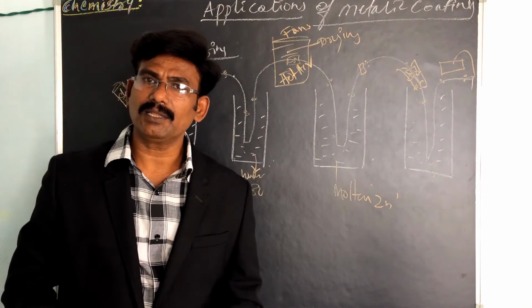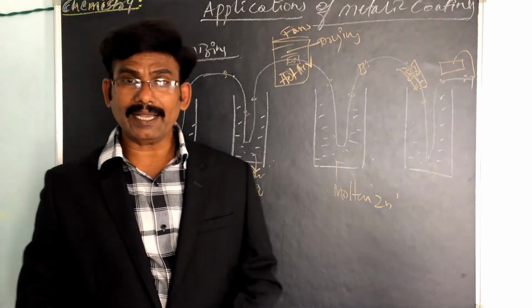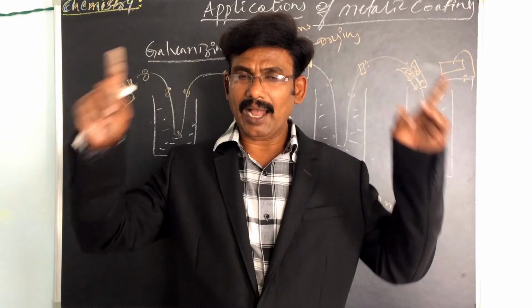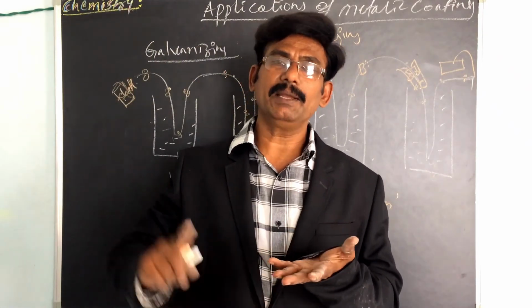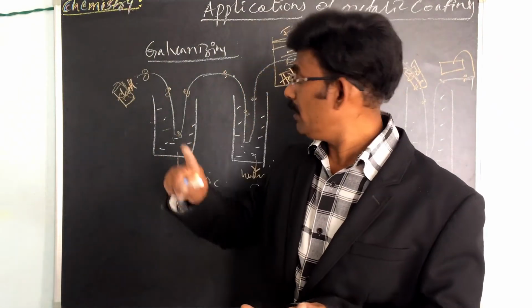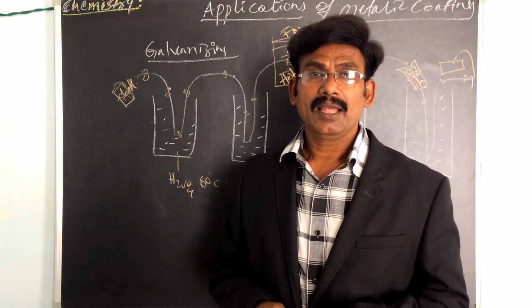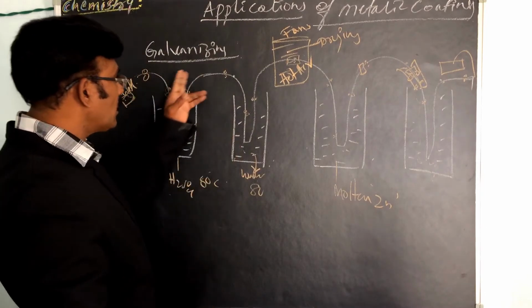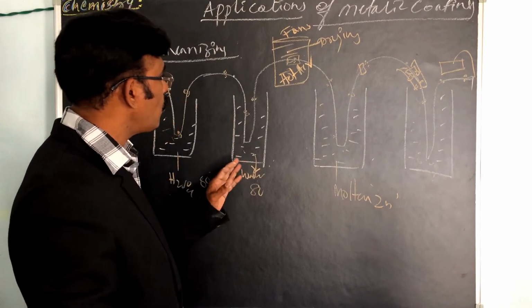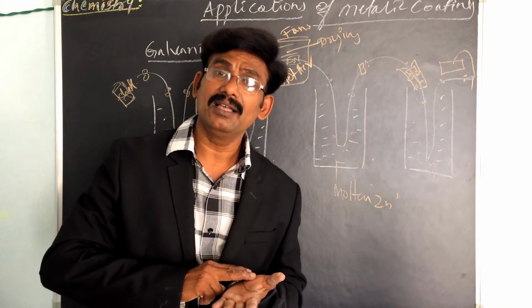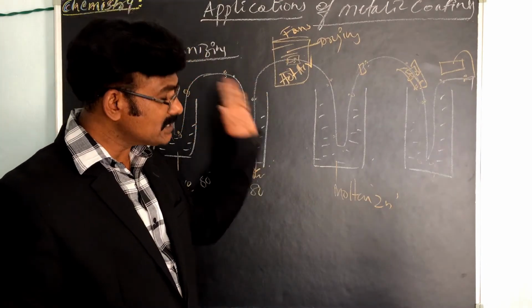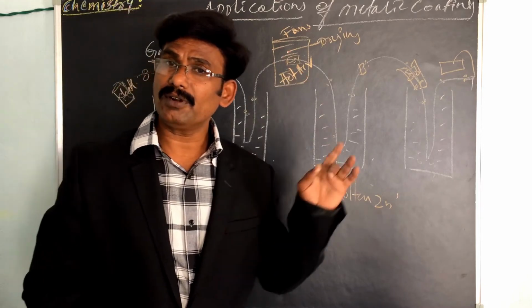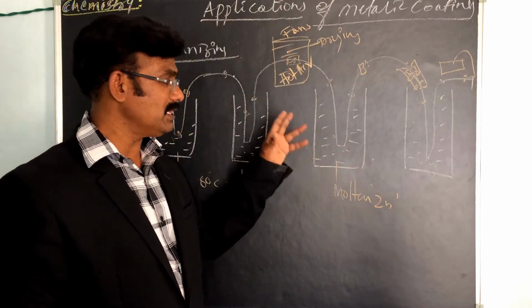So what are the steps in galvanizing? A pure metal or iron sheet: first of all, the iron sheet is cleaned, dipped in hot sulfuric acid. Then the metal sheet comes through the rollers and is dipped in hot water, which cleans the sulfuric acid well. And it is dried in the presence of hot air. Then after drying, the metal sheet is dipped in the molten zinc.